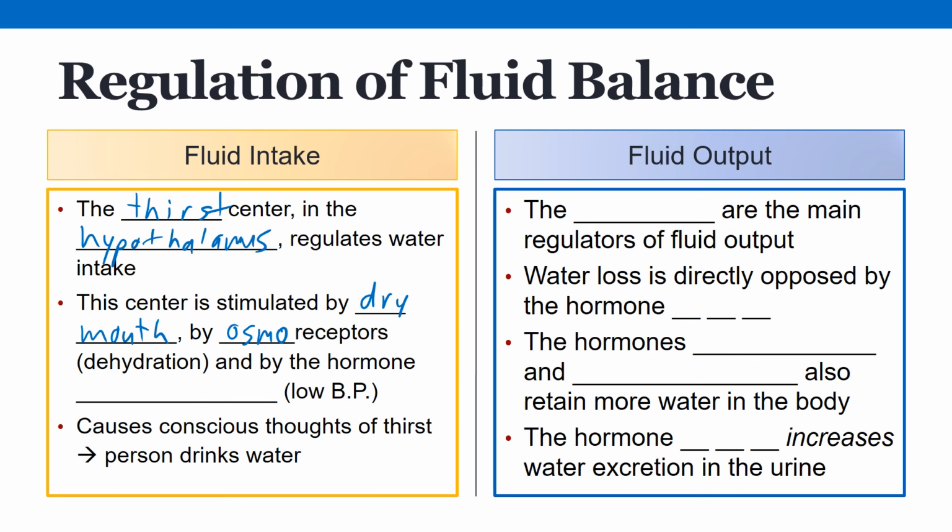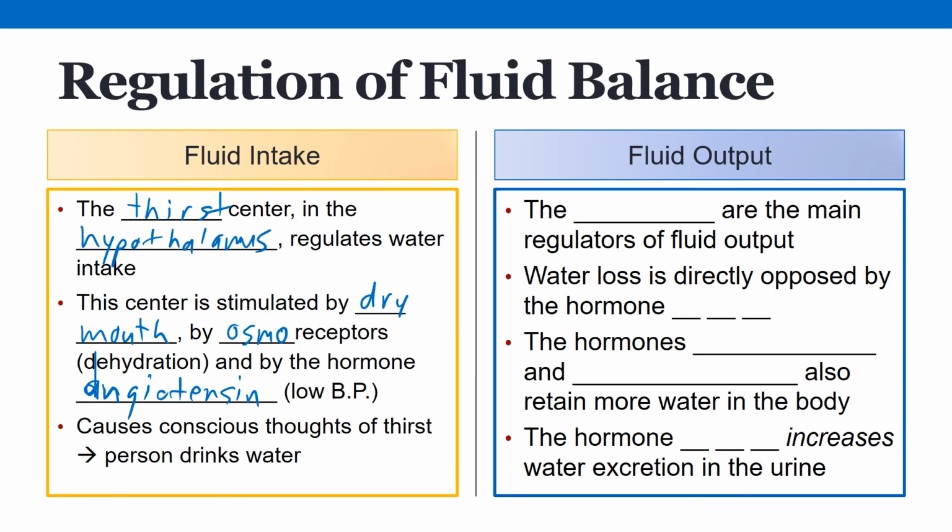And finally, the hormone angiotensin is released in cases of low blood pressure, and that causes the hypothalamus to feel thirsty as well.